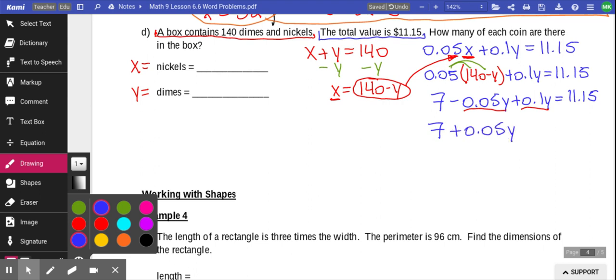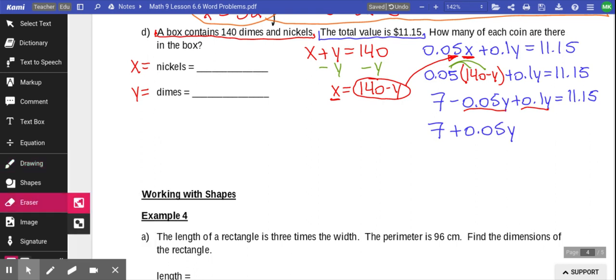Negative 0.05 plus 0.1 is 0.05. I have to do it again because I don't trust myself. My brain is not working today, but yeah, I had it right.